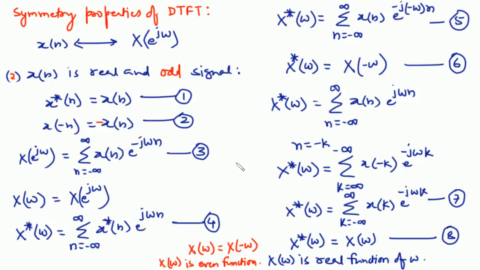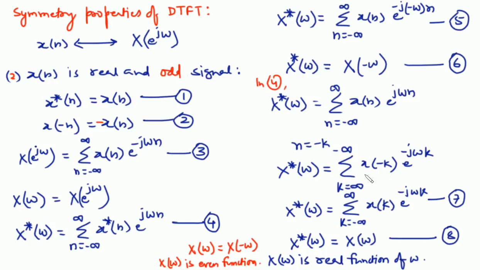Now in the fourth expression, if you replace n by -k, then it becomes x[-k] e^{-jωk}, and x[n] is an odd signal. It means x[-n] is -x[n], or x[-k] is -x[k].